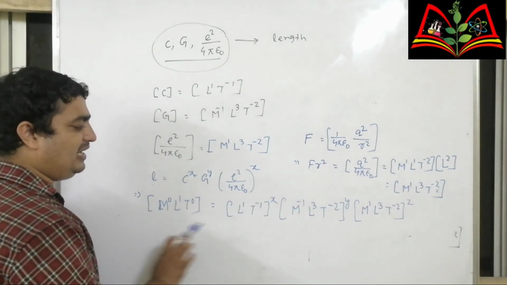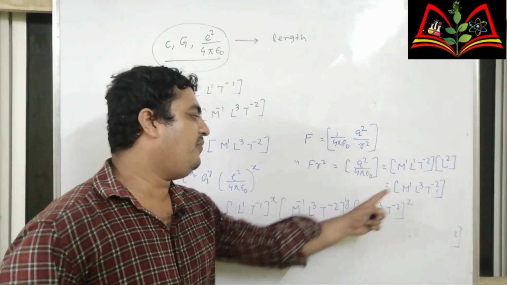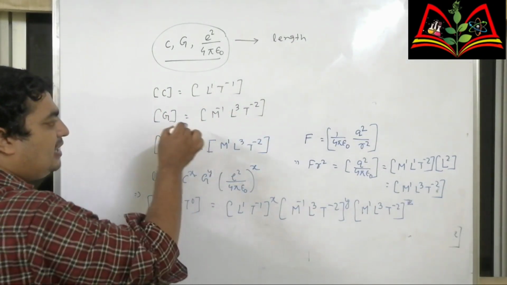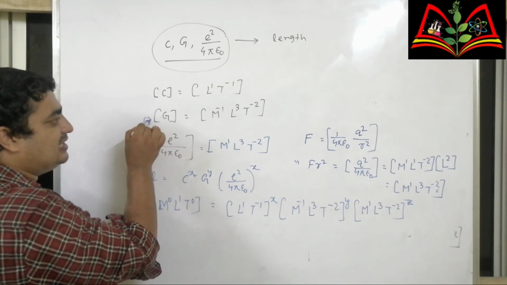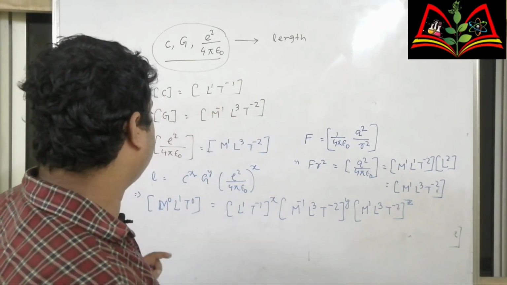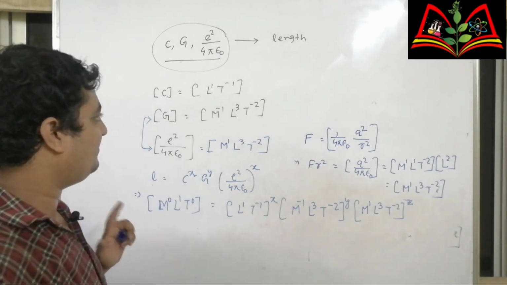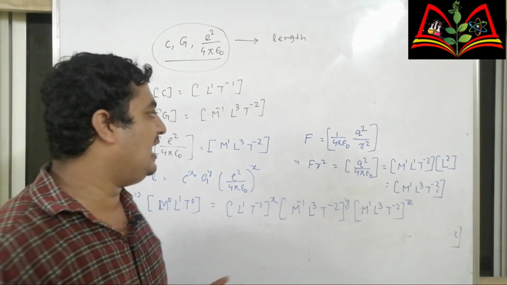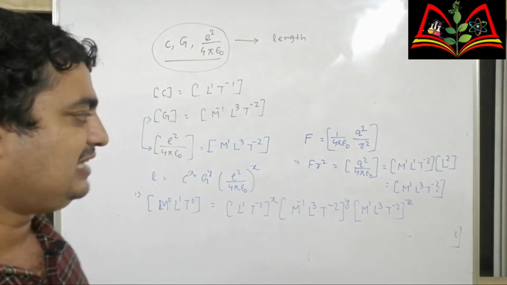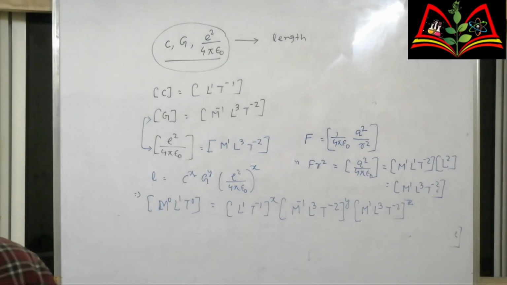Now by solving you can find the value of x, y and z. If you divide these two, they will become dimensionless, so don't do that. Okay, you will proceed along this method. Just remember, you can proceed along this method. Clear?